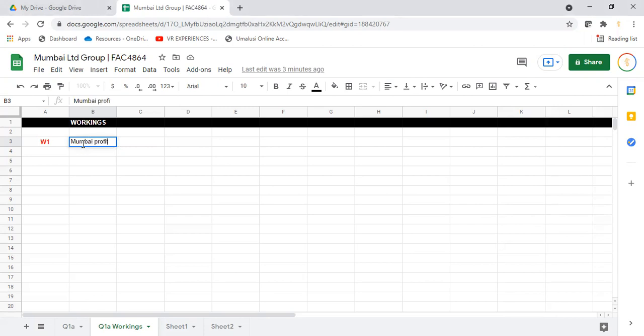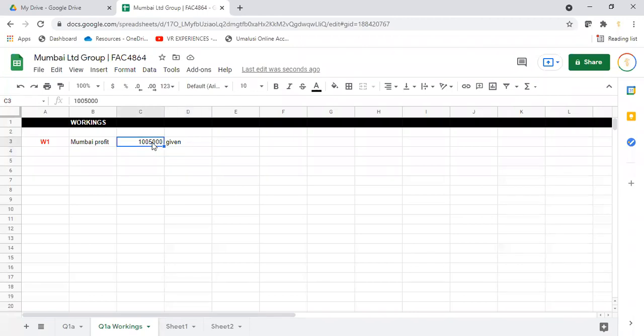I start off with the profit that is given. The profit that is given is 1.5. That was given, and that is 100%. So I started off with the profit as per the profit from Mumbai, the separate company.